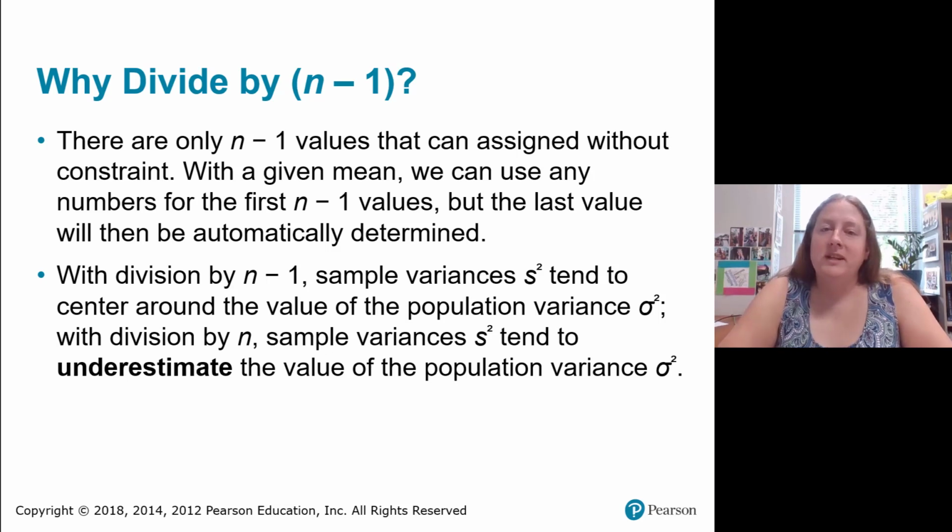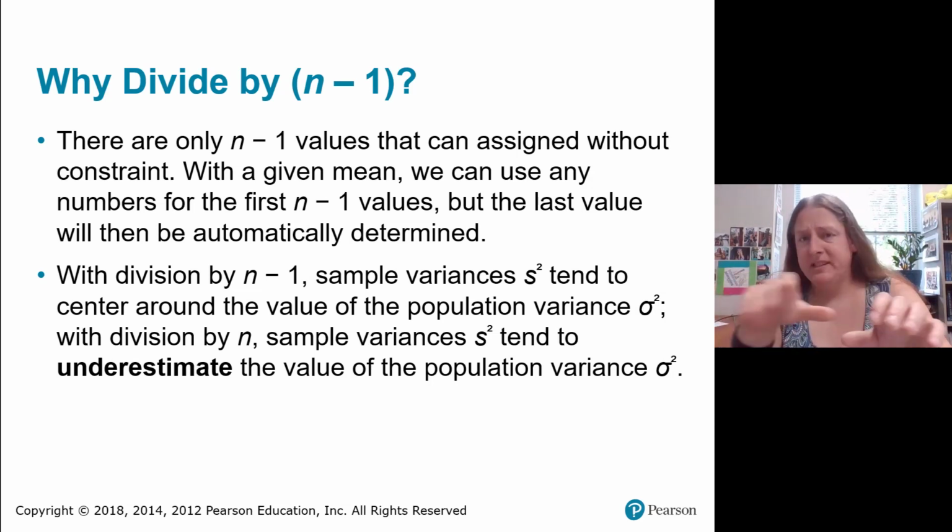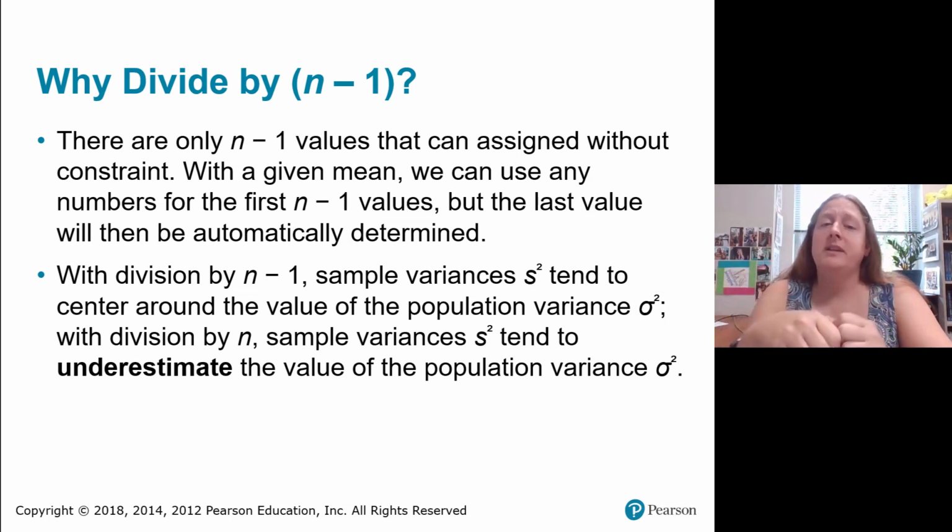So why do we divide by n minus 1 when we're dealing with samples and not when we're dealing with the population? When we look at the sample, if I were to tell you the mean and then tell you 4 of the data values out of a sample of 5 that formed that mean, you would be able to put together an equation and solve for that 5th data value.